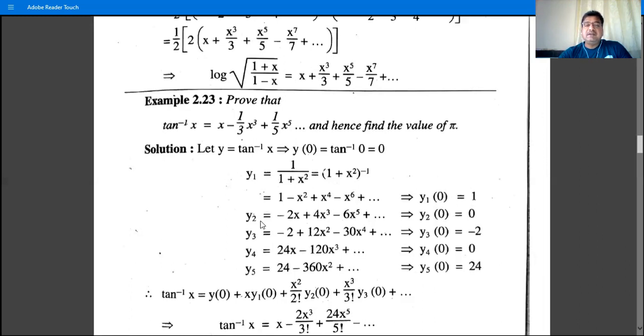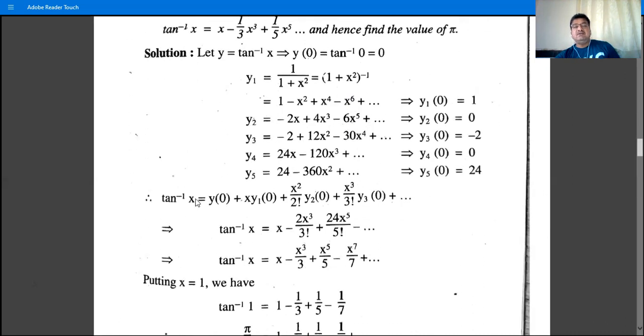Okay. Similarly, y2, its derivative is minus 2x, plus 4x cube, minus 6x raised to 5. And then the value at 0 is 0. If you substitute x as 0, we have answer 0. Then y3 means the next order derivative. If you use the notation f(x), then write here f dash x, here f double dash x, f triple dash x, f raised to 4 x, f raised to 5 x, and so on.